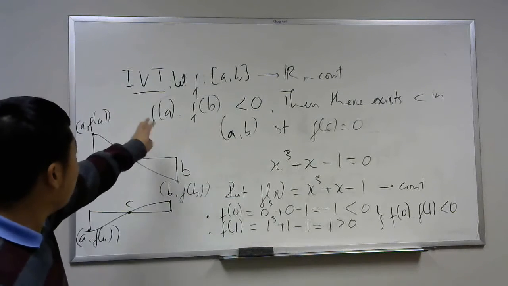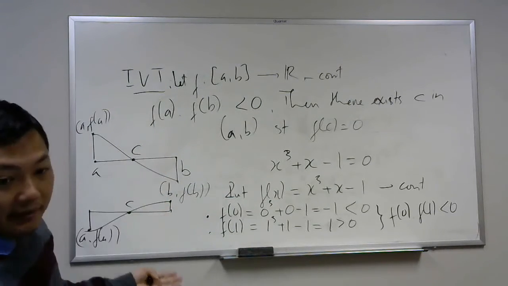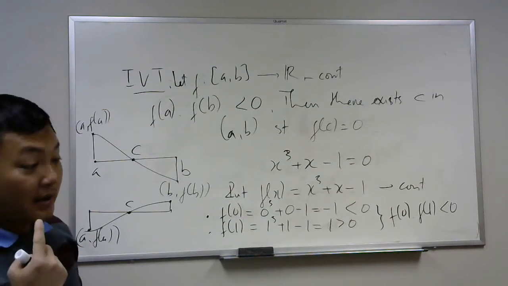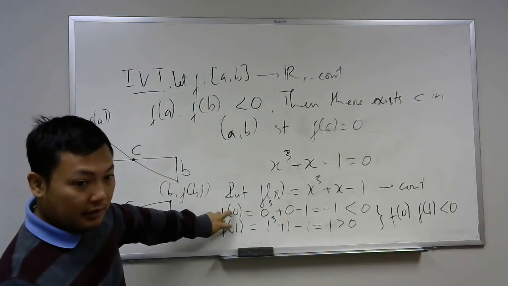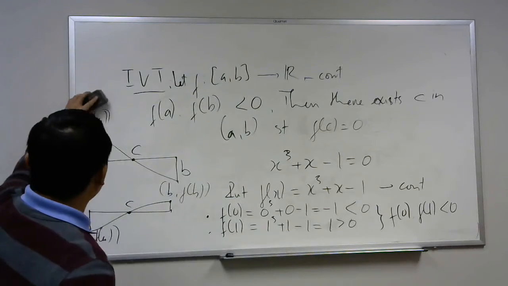So all conditions in the IVT theorem are satisfied. And then by the IVT theorem, there exists at least one c in the interval 0 and 1, such that f of c equal to 0.